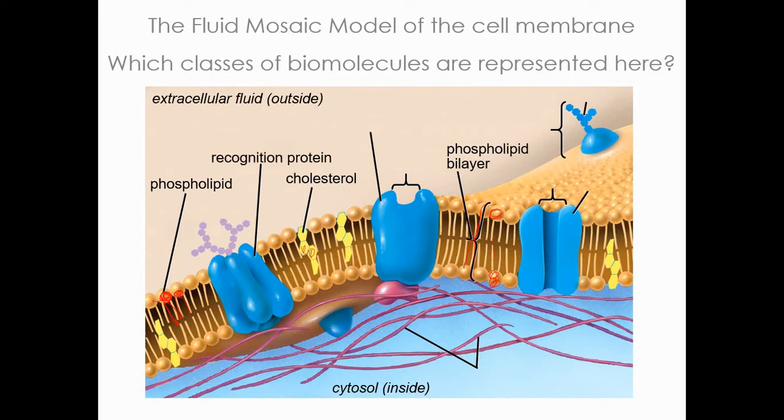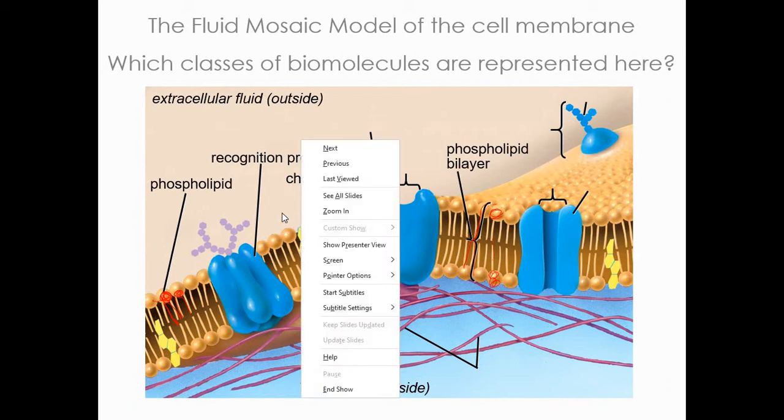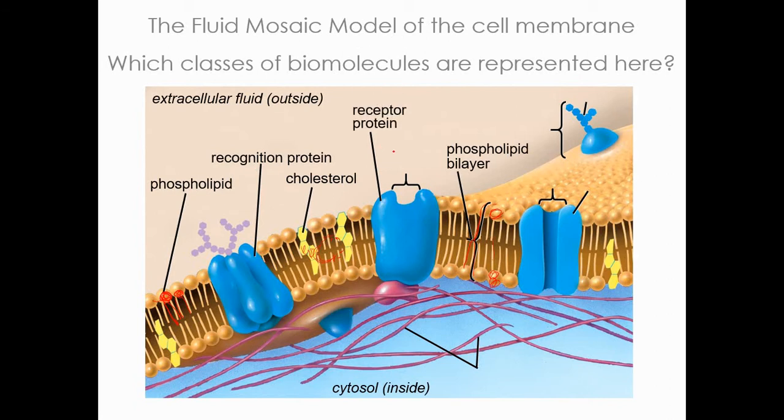And then we have a recognition protein. Some substances cannot enter the cell because they might be polar. If they are polar, they will not be attracted to the hydrophobic tails, diba? Because these are non-polar. So some of these things need a recognition protein. And we also have a receptor protein, which functions for signaling or for communication.